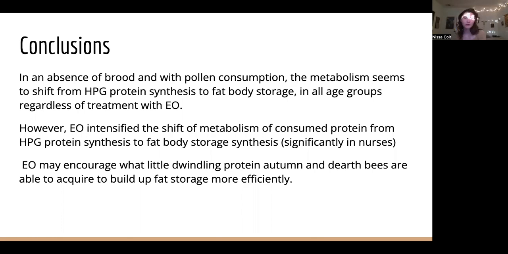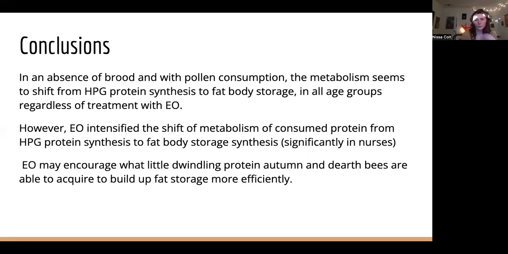And as pollen starts to dry up, the brood rearing starts to dry up too. And as that happens, the metabolism must shift from hypopharyngeal gland protein synthesis to fat body storage, regardless of ethyl oleate treatment. But ethyl oleate treatment seems to intensify that shift, and it is significant in nurses.